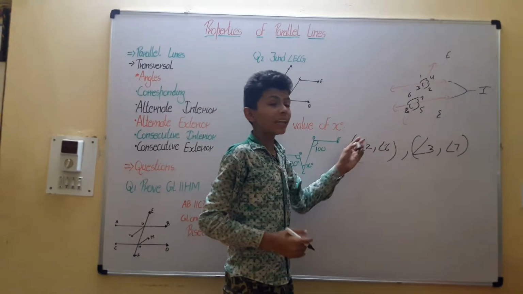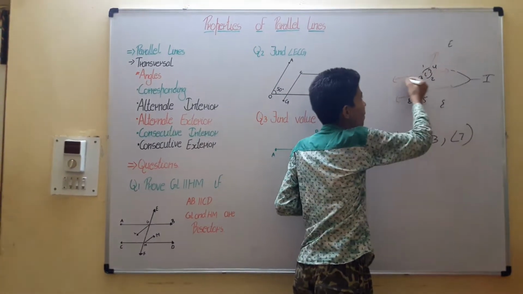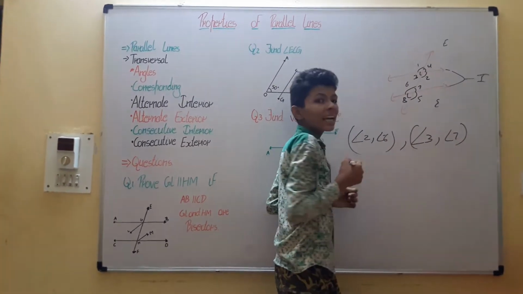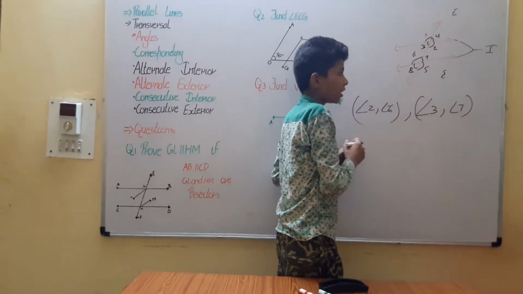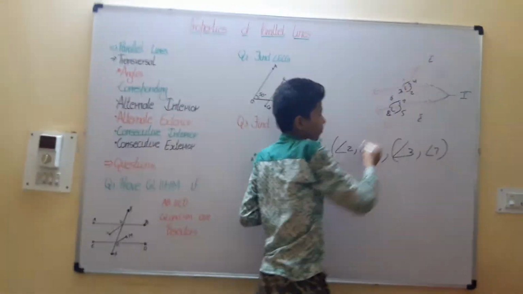These both sets are interior angles. Alternate interior angles lie between the two parallel lines and are equal to each other, just like angle 3 would always be equal to angle 7.